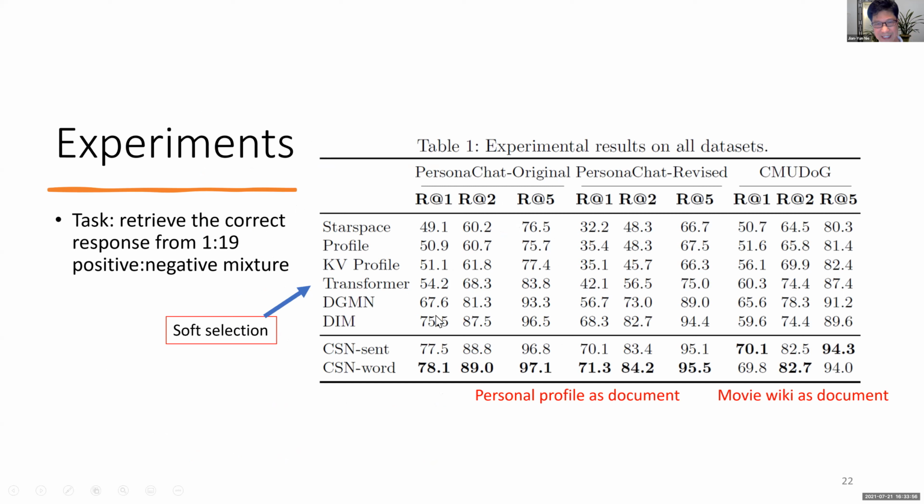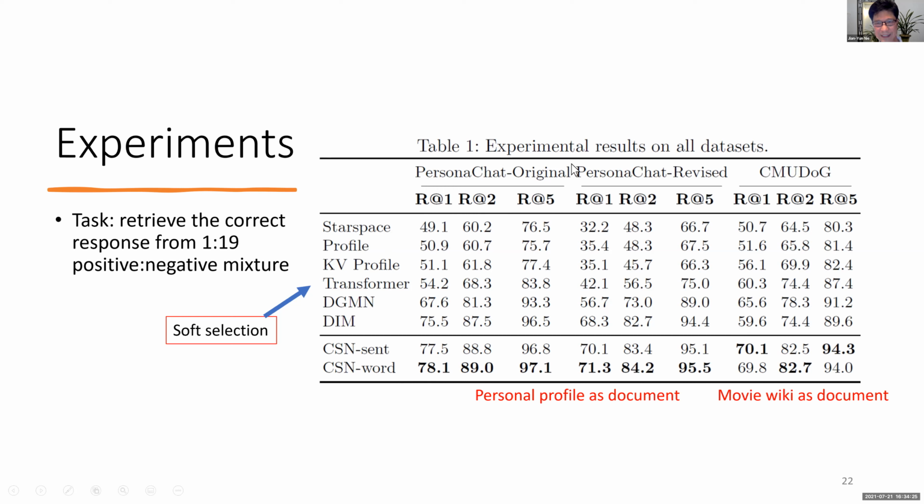And what we can see is that the performance of the method we propose here is better than soft selection. And we measure in terms of recall at 1, recall at 2, recall at 5, to see whether among the first 5, 2, or 1 responses in the ranking list, we have the right response or not.